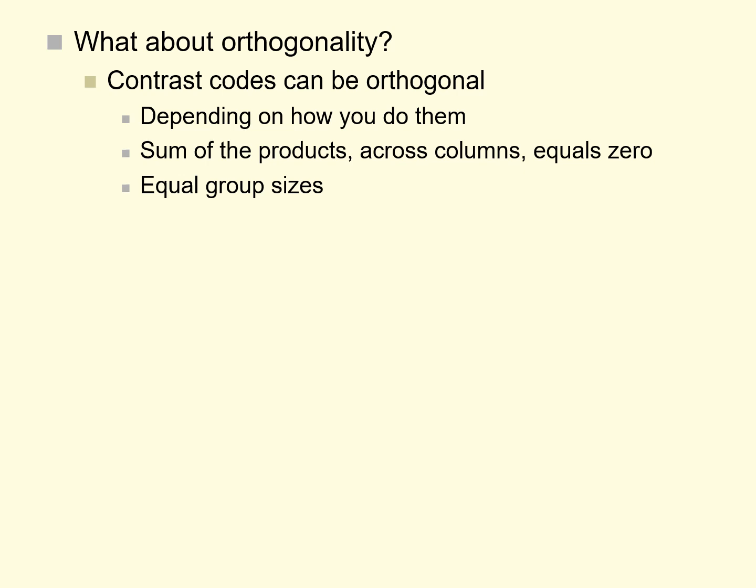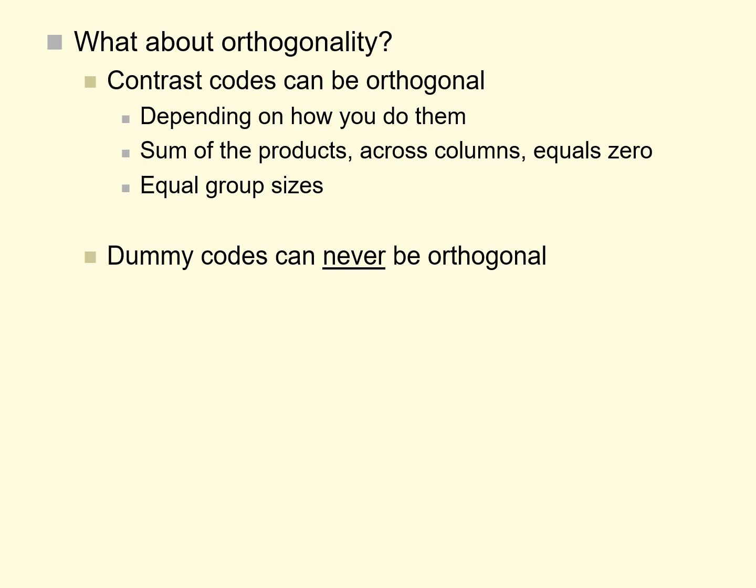And if that sum equals 0, and if you have equal group sizes, you don't have a problem, or rather your codes are orthogonal. So if you were to multiply across the columns and then take that new column of products and add them up to 0, that's your kind of quick rule of thumb way of checking the orthogonality of your codes if you have equal group sizes.